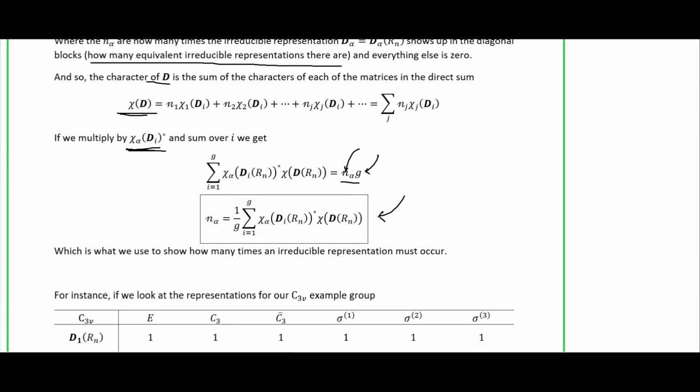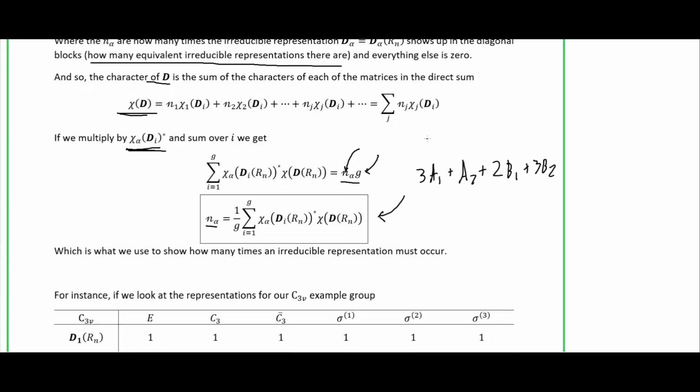And so this was the thing I was using in a previous video to find out how many of these equivalent irreducible representations are in our group. In that video I looked at C2v, and I found, I don't remember offhand, something like 3A1 plus 1A2 plus 2B1 plus 3B2 or something like that.